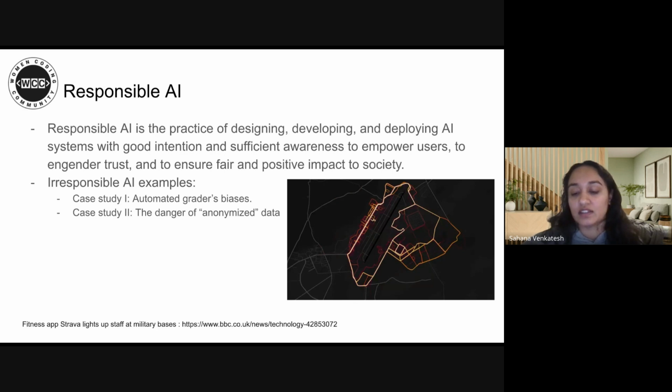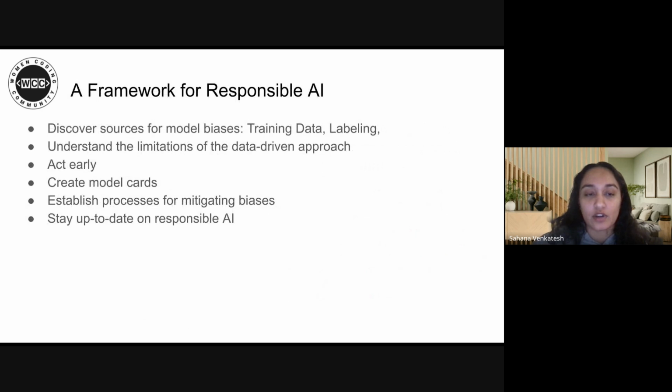So sometimes developers need to put themselves in the shoes of users, who might not be as technically advanced, and make the right choices so that catastrophic incidents like this will not happen. Finally, the last thing I want to talk about is a framework for responsible AI.